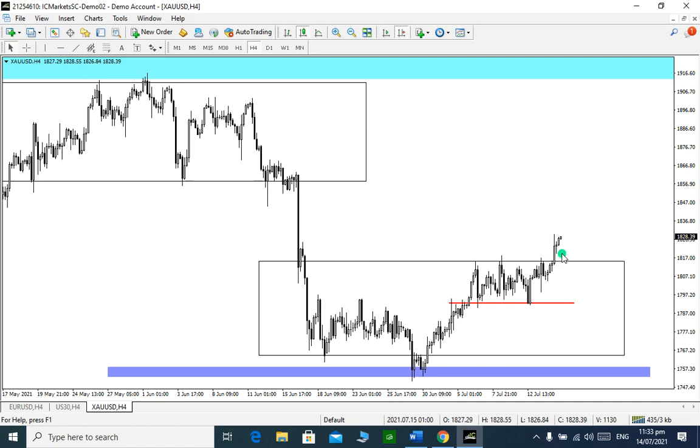Now we've seen that there's a breakout here, but we must be very careful so that we don't get deceived by this breakout, because this might be a false breakout. So we need to be very, very careful.